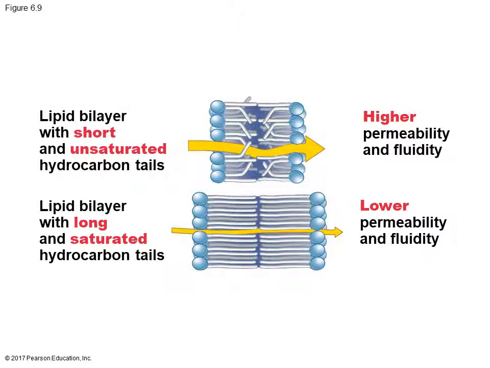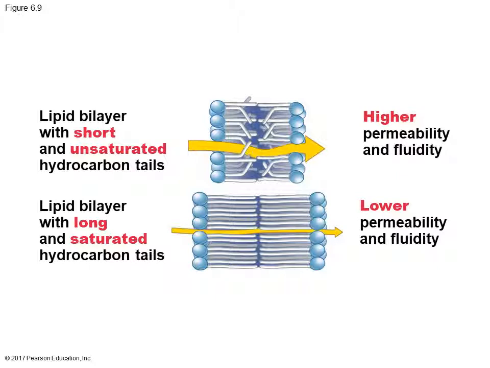permeability. I love figure 6.9 because it shows two things. It shows tail length and kinks. So if you look at the top, you see that the phospholipid bilayer has short tails, and you can see that there's double bonds because there's a kink in the hydrocarbon tails.